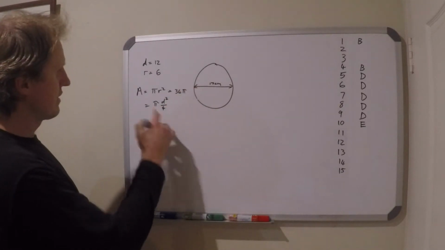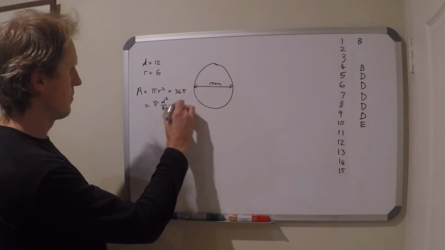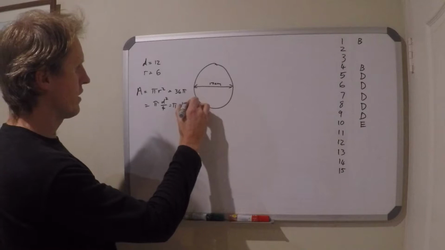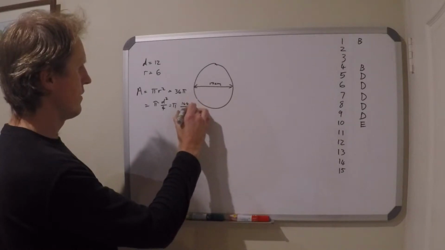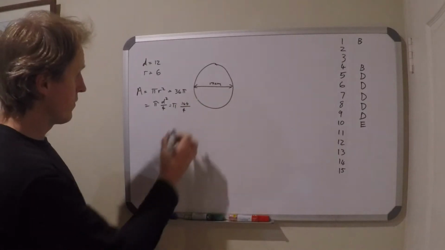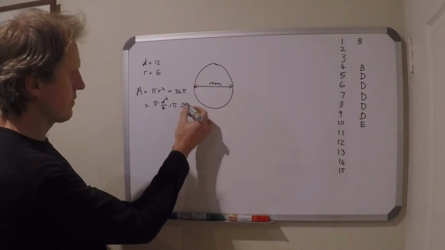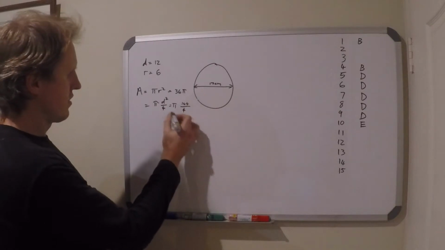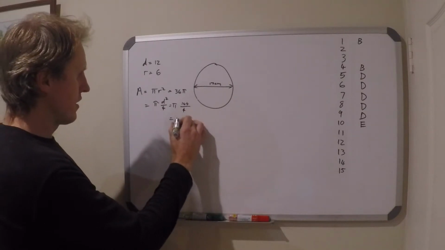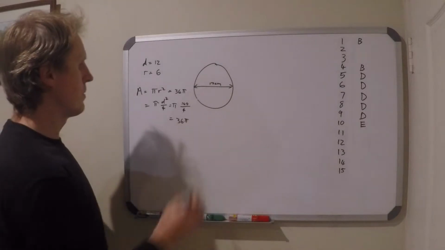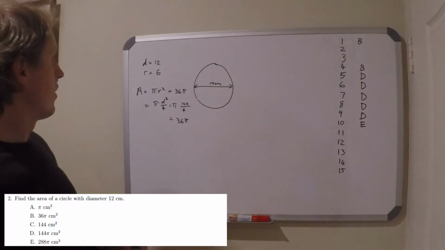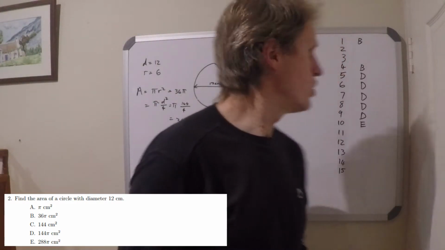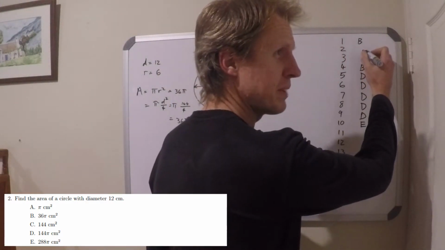If we do it in this example, we're going to get pi times 12 squared, which is 144 over 4, and 144 over 2 is 72, over 2 is 36. It's going to give us the same answer, obviously, 36 pi. So the first answer, 36 pi, is B.